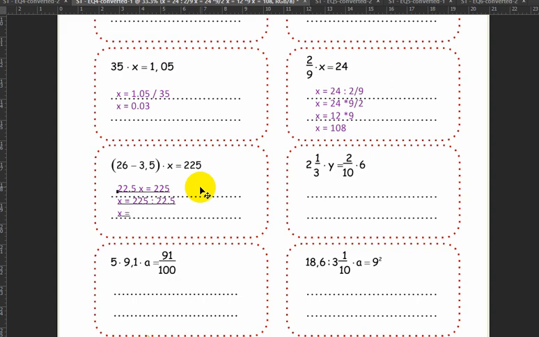And this is going to give us a total of 10.